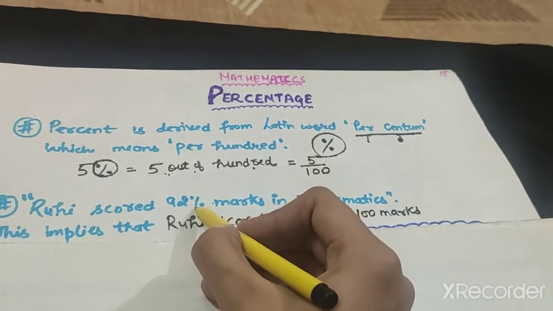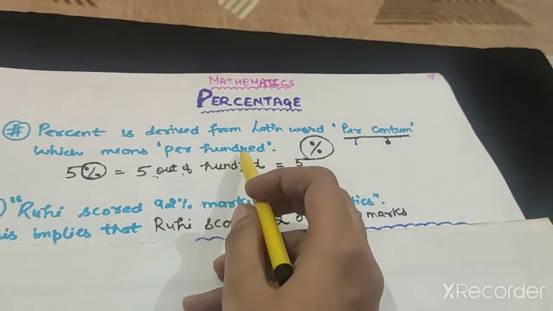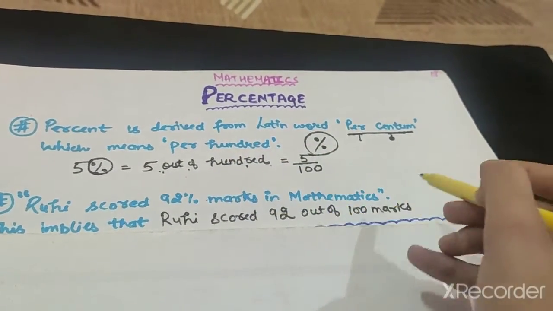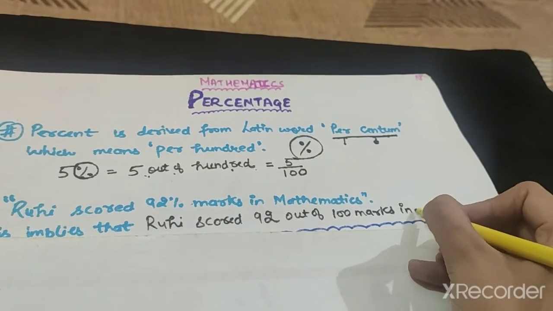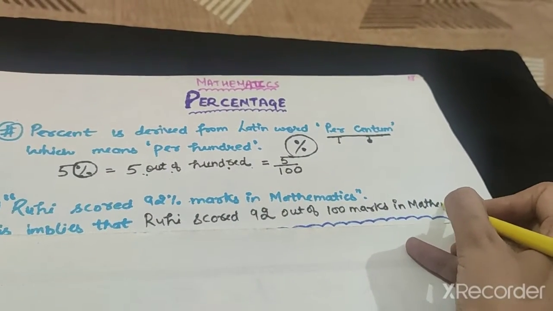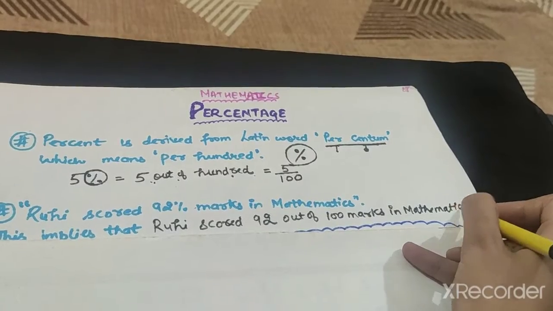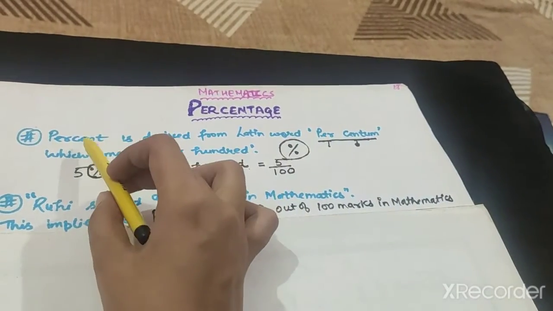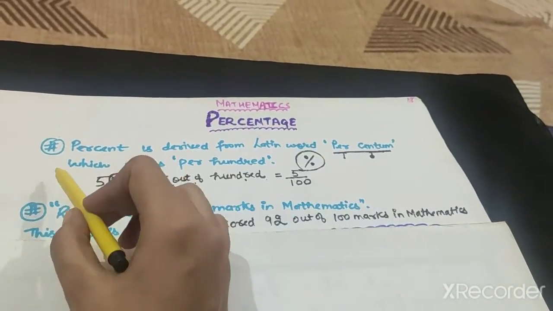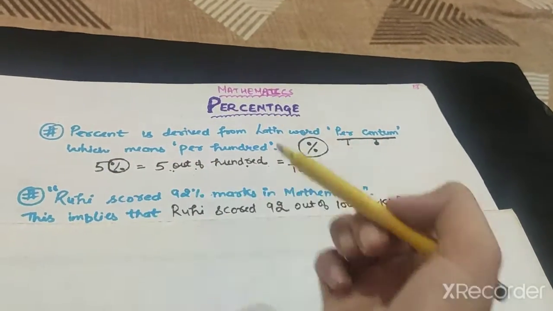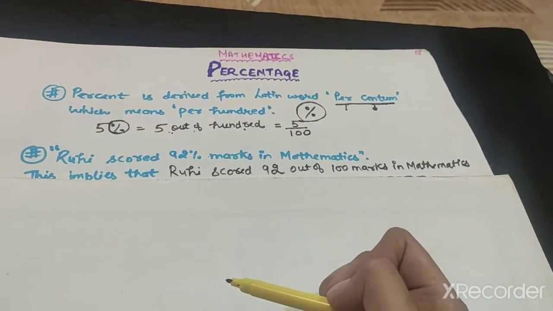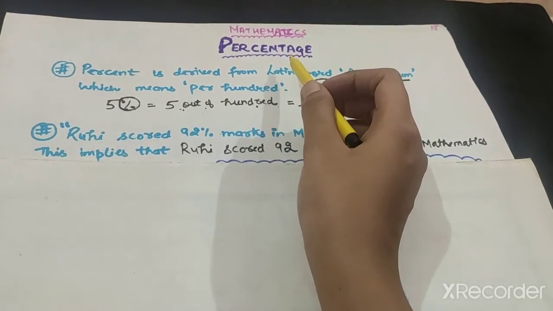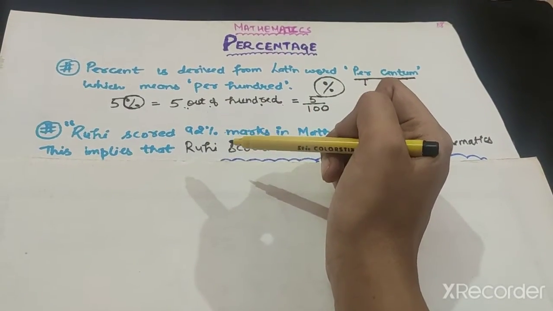Because this percentage sign implies per 100. Ruhi scored 92 out of 100 marks in mathematics. So this is the meaning of the word percent, and the examples are as follows. Students, now you are familiar with the word percentage. Now we will look at the conversions.